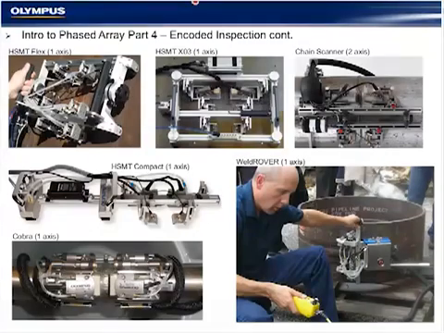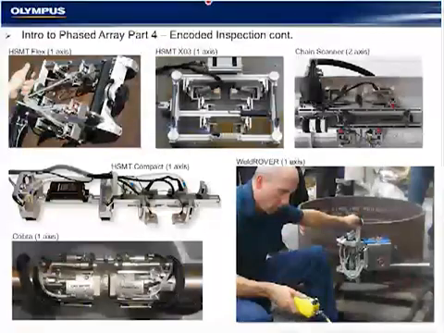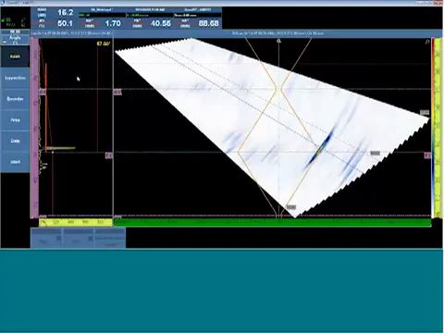To go over what we've talked about up till now, at least for the configuration of the scan menu, we're going to transition to OmniPC to take a look at the scan axes and scan configurations in the software.